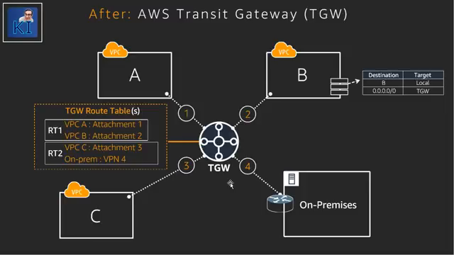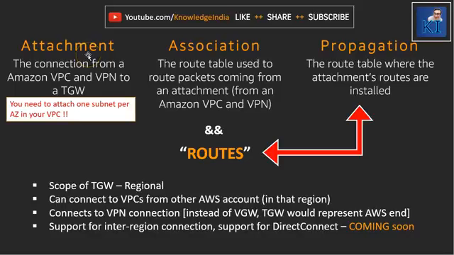Now, if you are going to use transit gateway, the AWS end would be transit gateway instead of virtual private gateway. So instead of VGW, now it will be TGW, right? So first thing is attachment. So attachment can be a connection between transit gateway and a VPC, or a connection between transit gateway and a VPN connection.